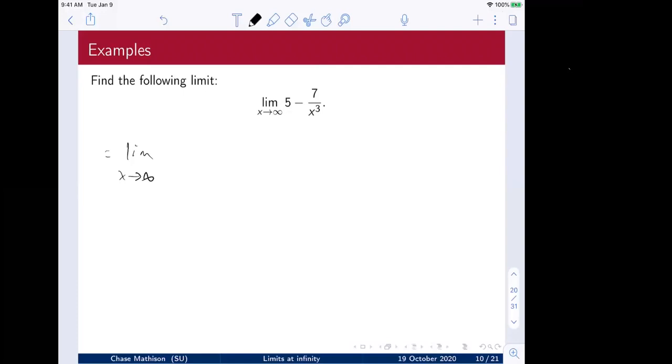Infinity is not really a number, and if you try plugging in infinity, that's going to give us some weird results sometimes. So let's use that result I just proved, in combination with the fact that the limit of a sum is the sum of the limits. So this is the limit as x approaches infinity of 5 minus the limit as x approaches infinity of 7 over x cubed. And really the 7 we can pull out in front here, right?